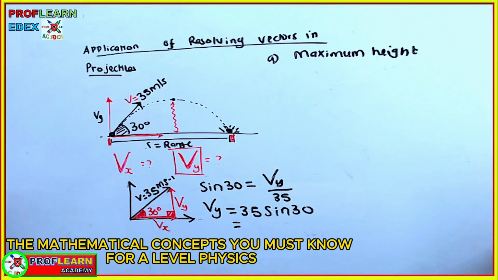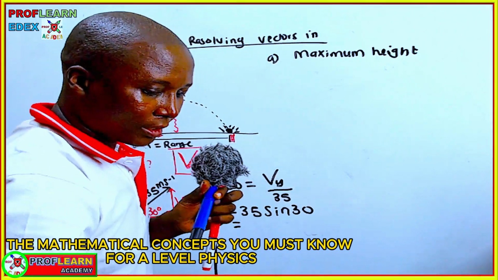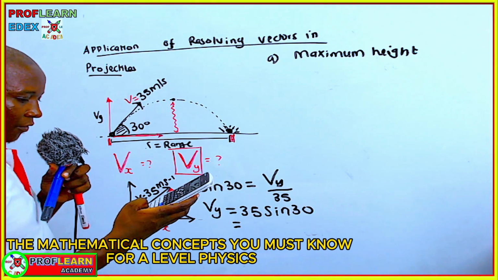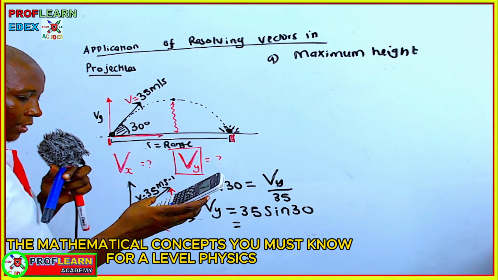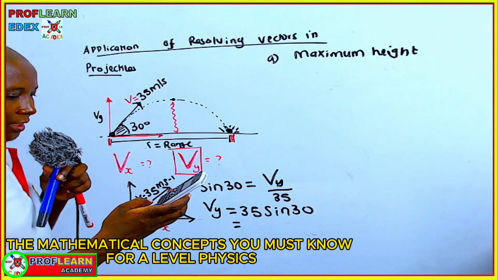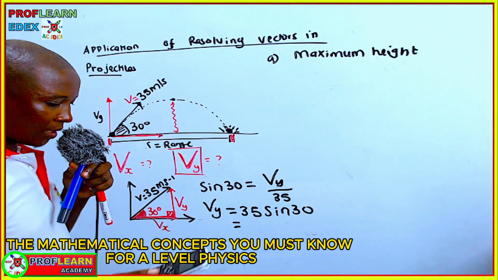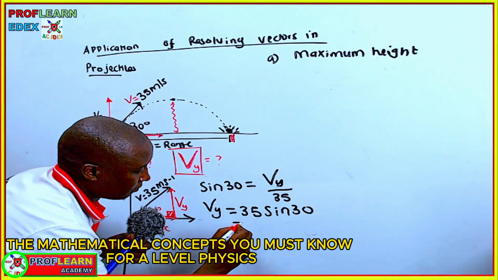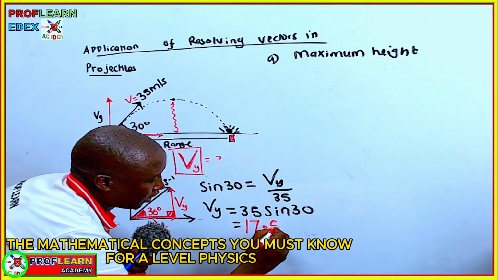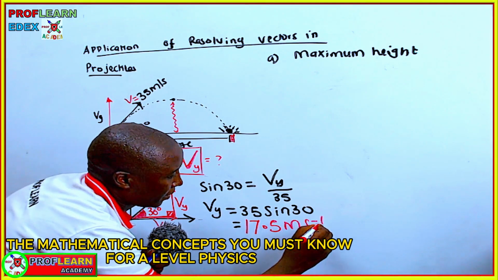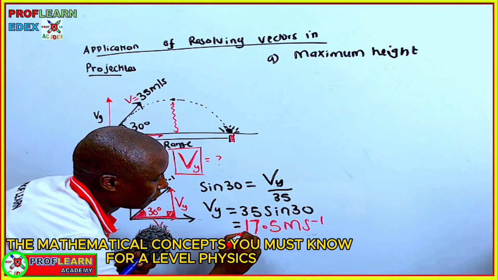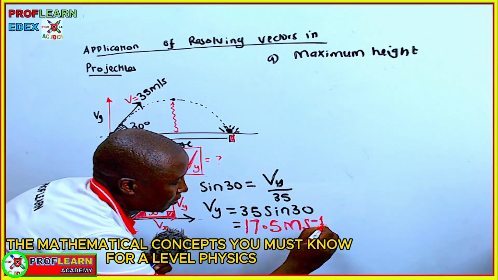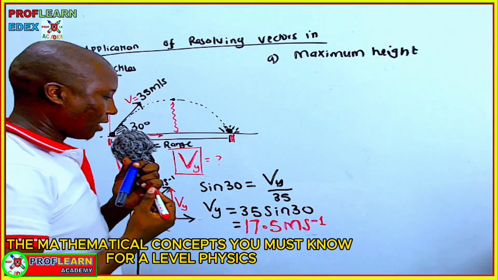So if we work out the velocity in the y direction, it is going to be 35 sine 30. This translates to 17.5 meters per second.